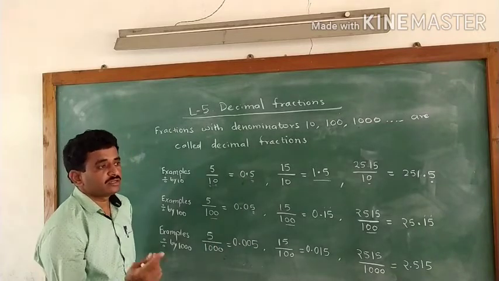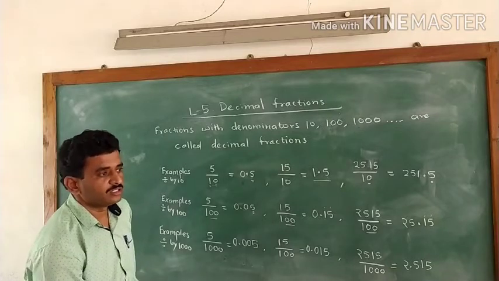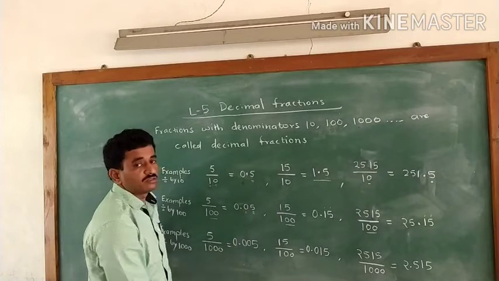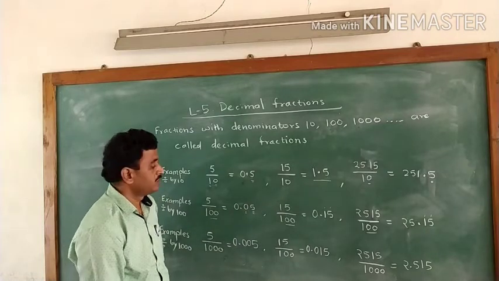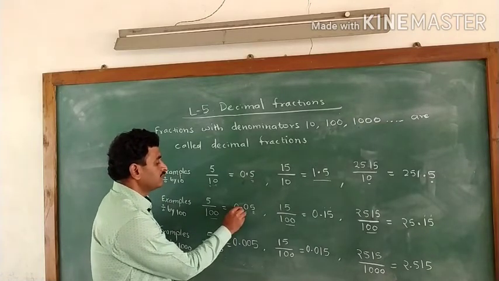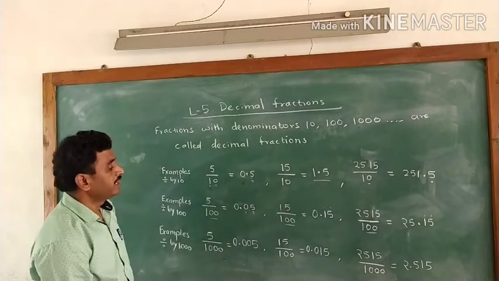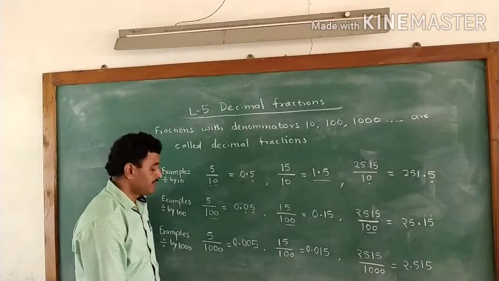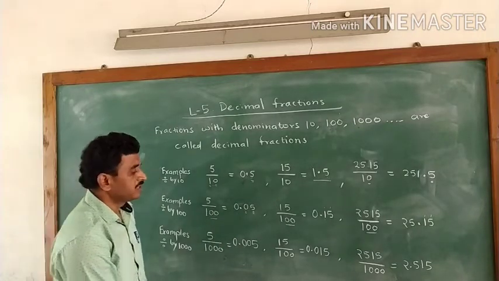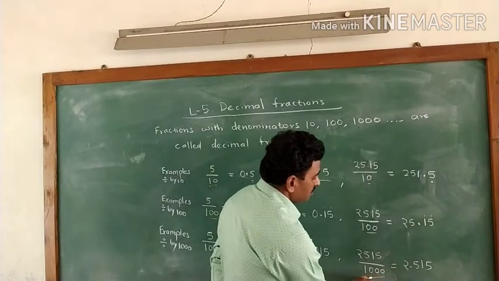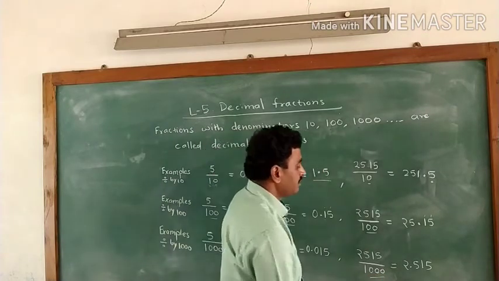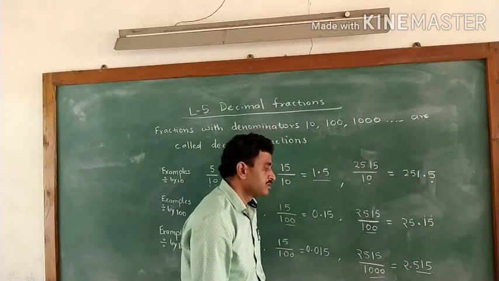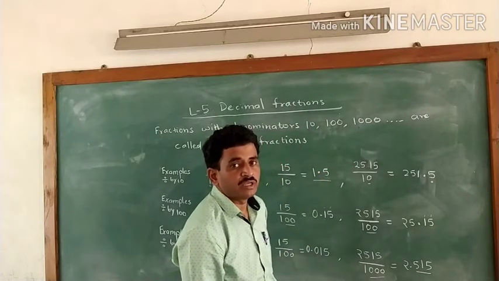We require at least 2 digits. That's why we require one more digit. There we have to write 0, and then we have to give a decimal point. Then our answer becomes 0.05.